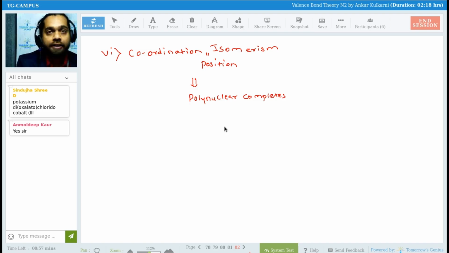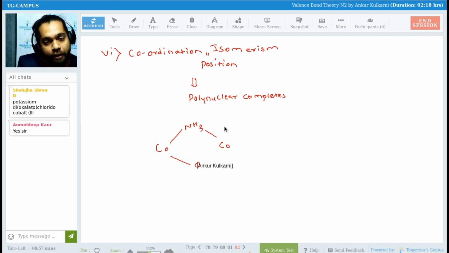Over here I will have bridge-like ligands. Look over here, everyone. I will have a metal, cobalt, where I have a bridge-like ligand with ammonia over here, one more ligand with oxygen, and I will have more ligands.